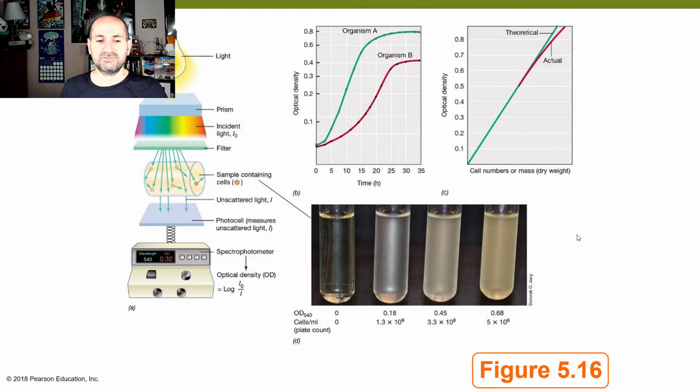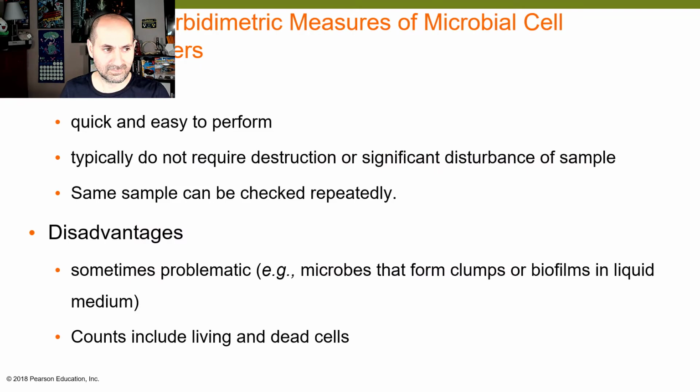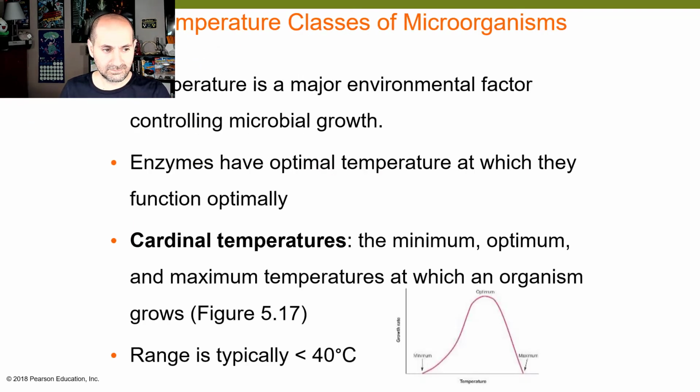So in viable plate counts, remember that you're only counting living cells, because only living cells will give you colonies. Whereas in the turbidimetric count like this, you're looking at total biomass. So this includes living and dead cells.